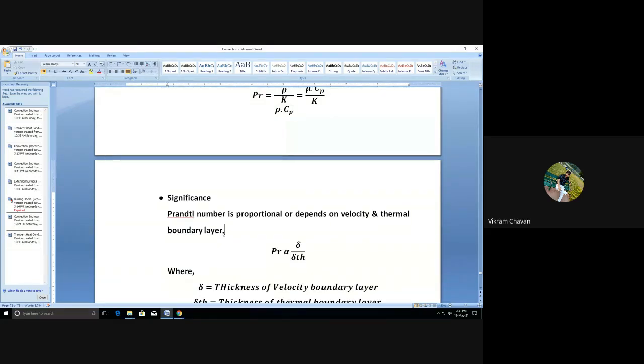If you consider that the plate surface temperature is greater than the fluid temperature, then the first layer will stick to the surface and adhere to it, and the temperature of that layer will be in equilibrium with the surface temperature. As we move in the upward or y direction, this temperature goes on decreasing, and at one point we get the initial temperature.